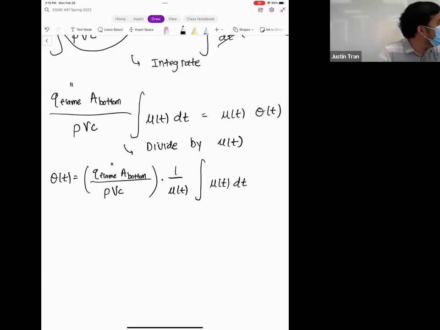And so we've done all this without even plugging in for mu of t yet. That's going to be the last part. Since we know what mu of t is, we can plug in for it and then carry out this integral.